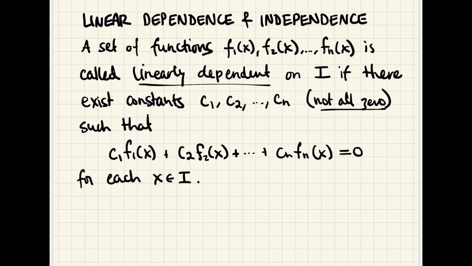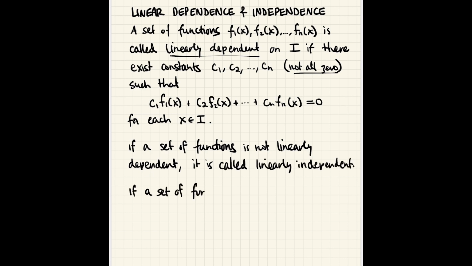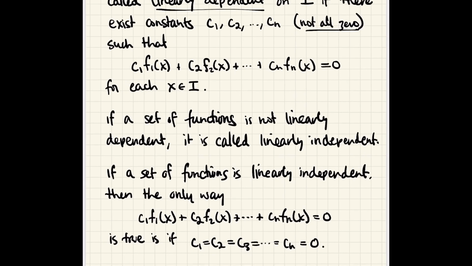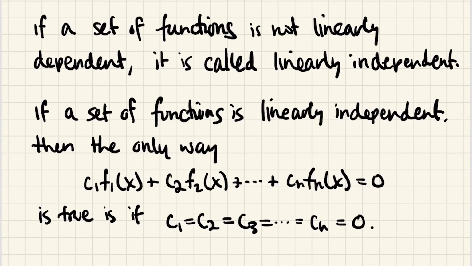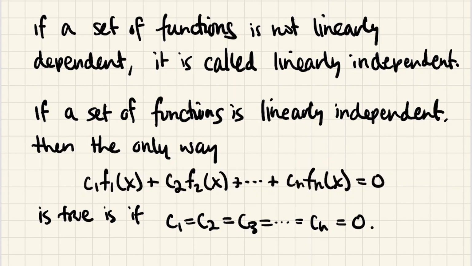If there is no such set, meaning that this only occurs when c1, c2, etc. are all equal to 0, then you have a linearly independent set. So for a linearly independent set, the only way this particular identity can hold is if literally all the constants equal 0. Okay, let's look at some examples now.